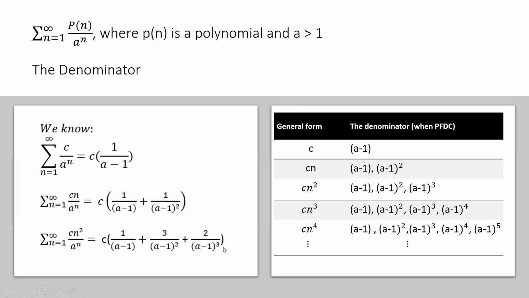So what you'll notice is it always goes out to a power higher than whatever the numerator's power is. So had it been c times n to the 4th, it would have gone all the way out to the 5th power in the denominator.